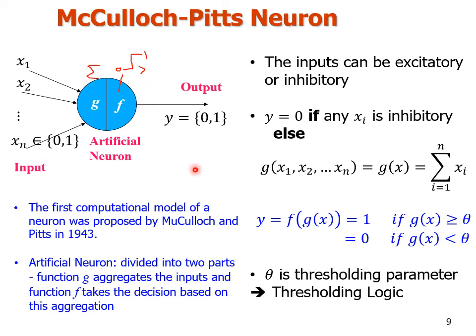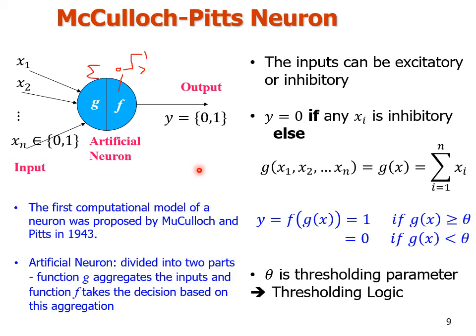But if out of these 3 only one input matches, or it is 1, then the neuron will not fire and the decision is do not go for the movie.